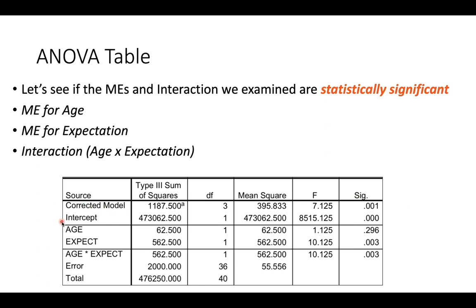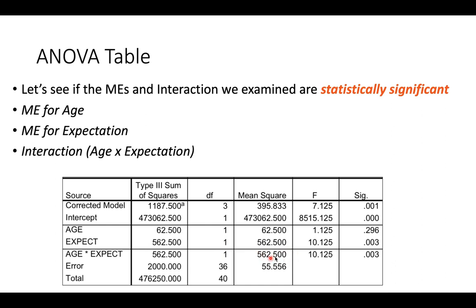What we are interested in is our line for the main effect of age, our line for the main effect of teacher expectations, and our line for the age by expectation interaction. We can see that we get a sum of squares for each of these terms. We get a degrees of freedom for each of these terms.